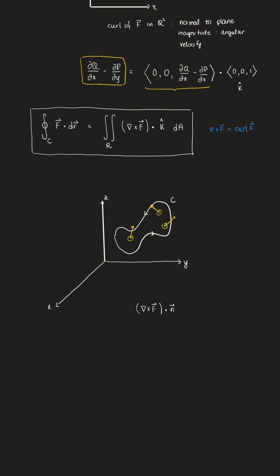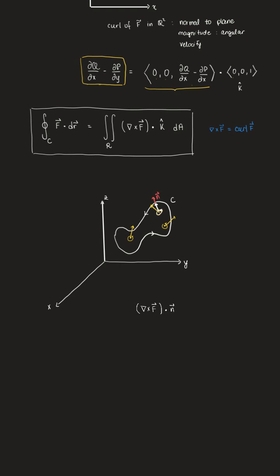And what does that mean? Well, imagine that my normal at this point points this way. Maybe that's my normal. I want to know how much of the curl is on the surface. To know that, I want to isolate the component of the curl that points in the direction of n, and that's what I want to add up, because that's going to give me the rotation that happens on the surface.